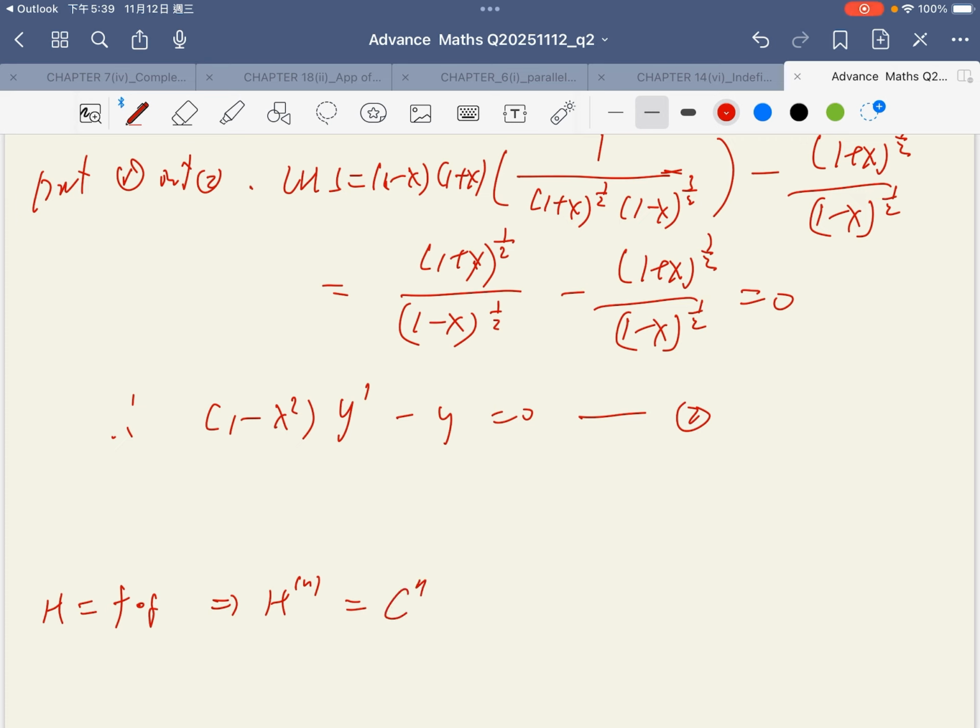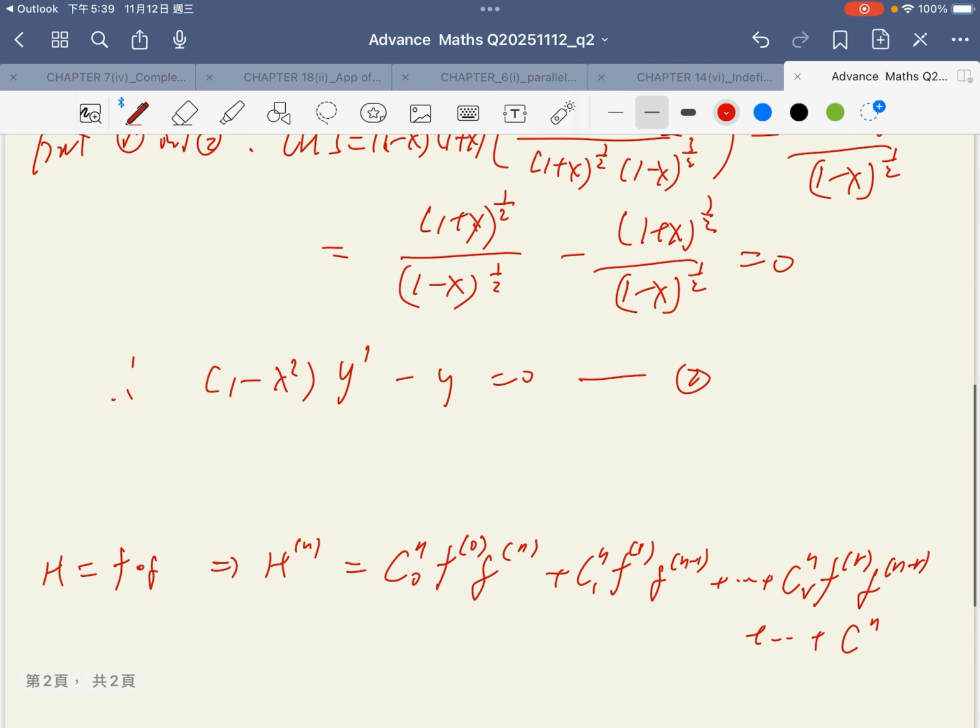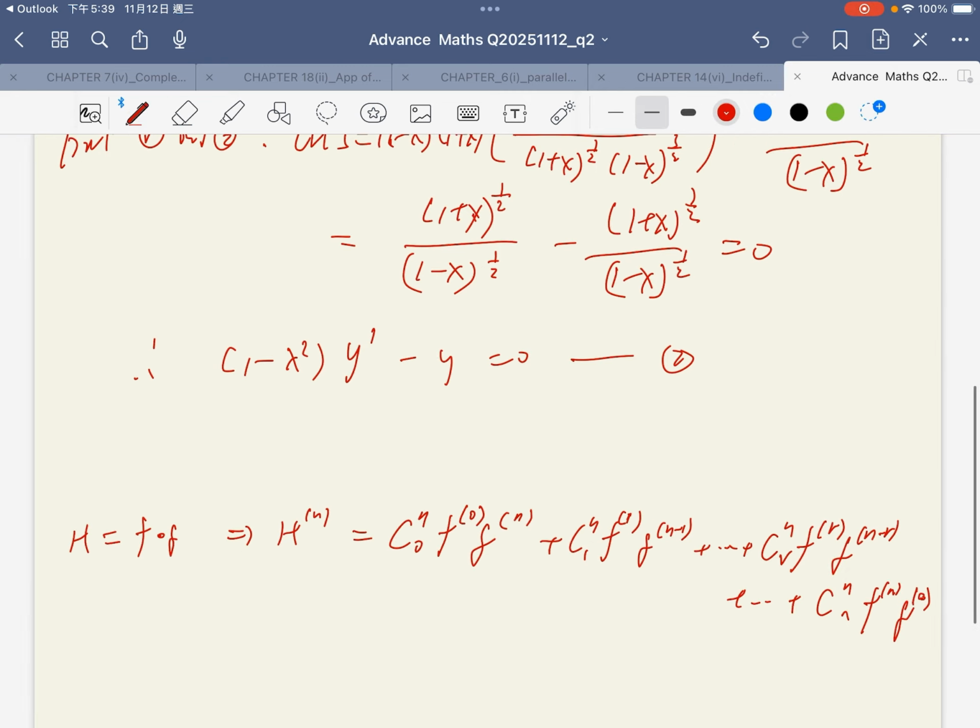For the first part, r equals 0: keep f, then g is differentiated n times, plus nC1, f differentiated 1, g differentiated n minus 1. And the general term is nCr, f differentiated r, g differentiated n minus r, until the final term nCn: f differentiated n times, g kept. Okay, that is the Leibniz theorem.